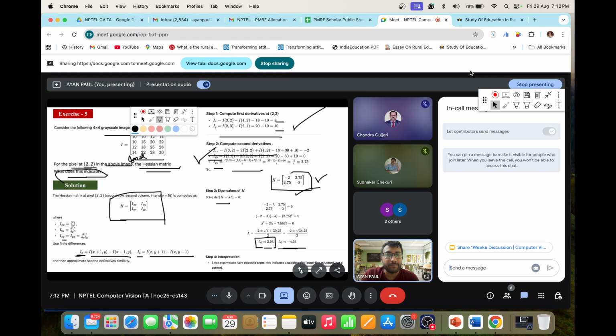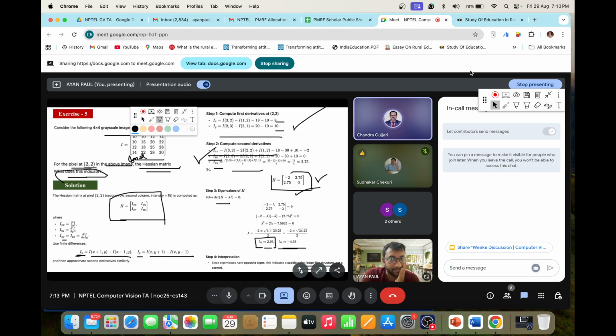Is it clear to all of you how to get the Hessian matrix? Sir, in step 1, for Ix and Iy, we have 3 comma 2, right?